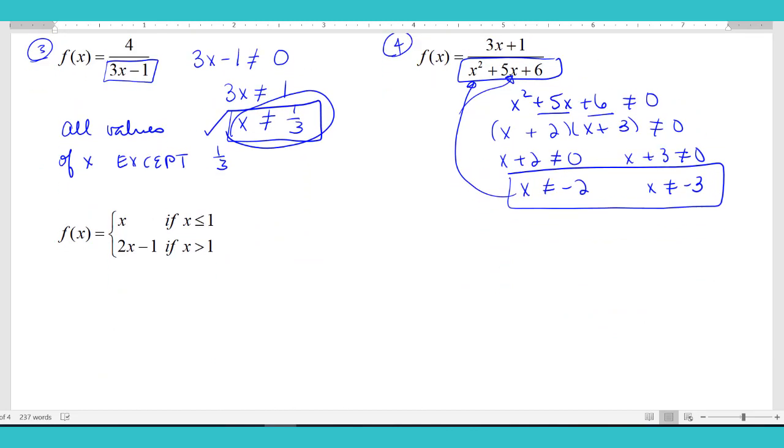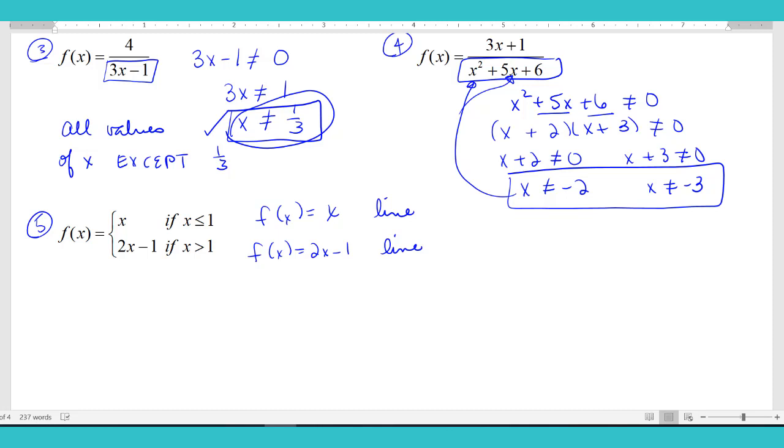Now this last one, you're going, well, that's not a polynomial, that's not a rational. This is what's called a piecewise function. We have two different pieces. So let's break it down. I've got f of x is equal to x, which is a line, and I've got f of x equals 2x minus 1, which is a line. Well, those are also special polynomials, so that means it would be continuous.